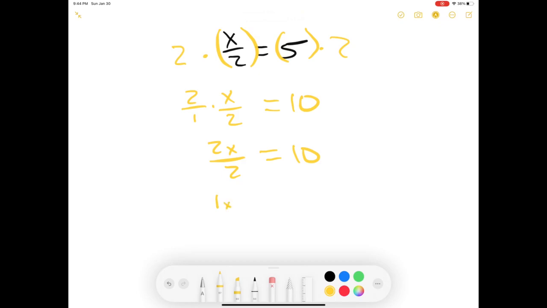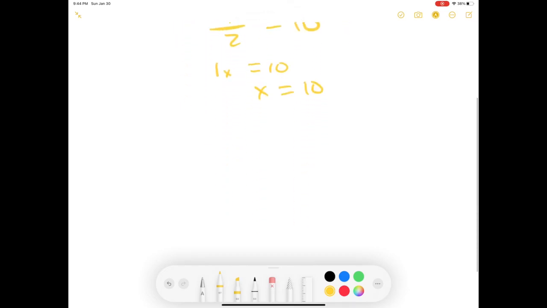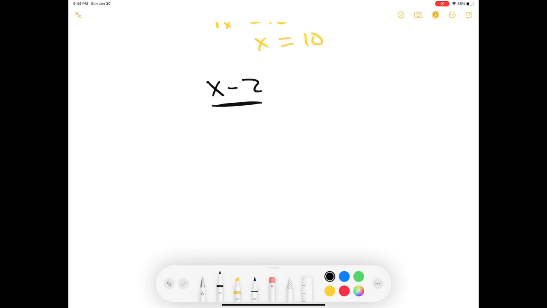So 1x equals 10, so x equals 10. We've already worked that, we know that x equals 10, so I'm not even messing with checking it out.